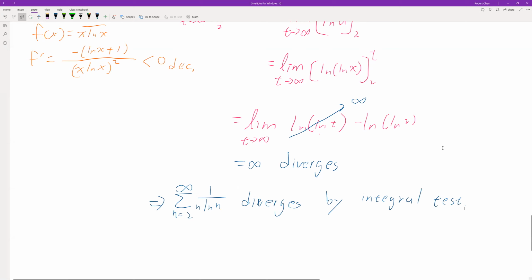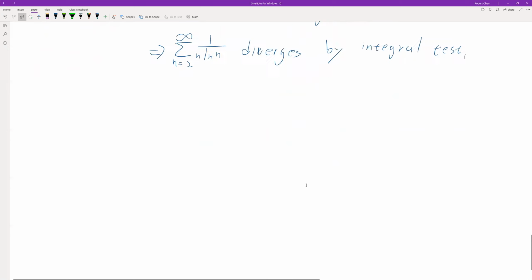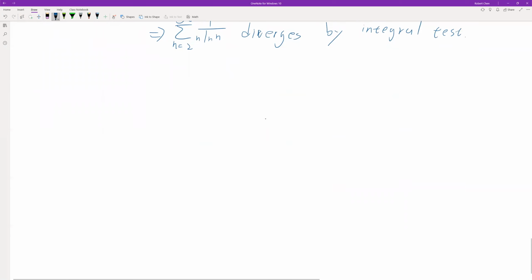Okay. All right. Last but not least, let's check our last one. Part C, that is the infinite sum from 2 to infinity of ln n over n squared. All right. So let's see. f of x is equal to ln x over x squared.